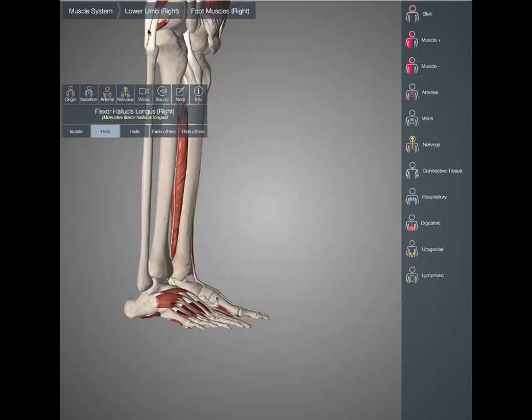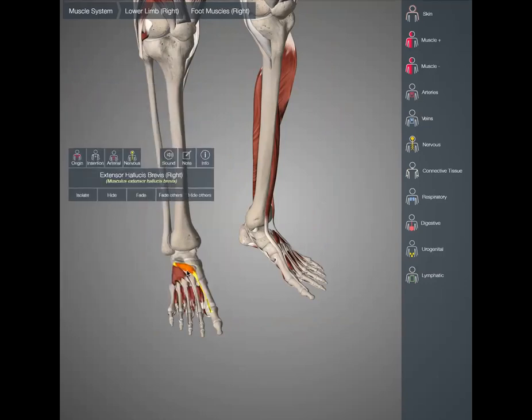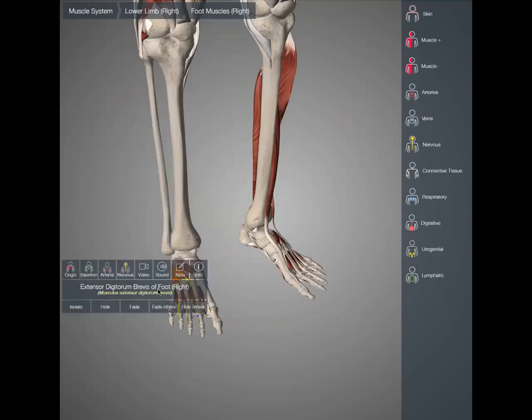Now, first of all, we are going to discuss the dorsal aspect here. There are two intrinsic muscles within the dorsal of the foot, the extensor digitorum brevis and the extensor hallucis brevis. So here, extensor hallucis brevis and extensor digitorum brevis.